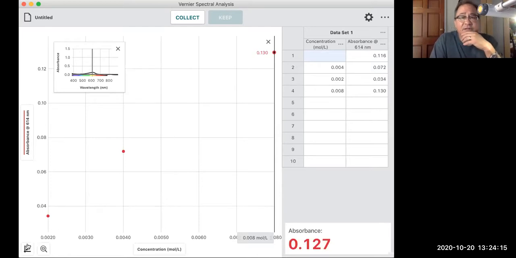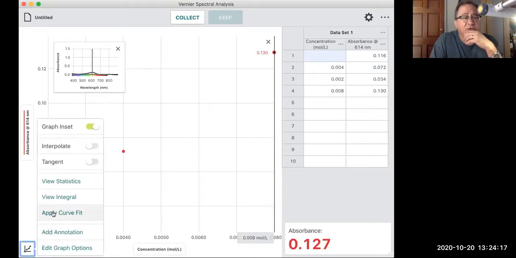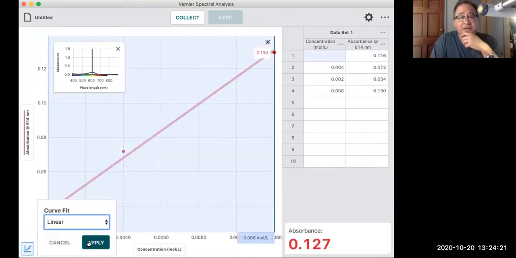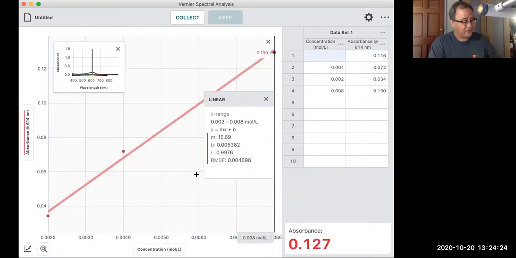And now what we're going to do here is we're going to apply a curve fit, and it's going to be linear, and so we're going to apply it. And so there's our curve fit. So when we write this information down, here's what we get. We get y is equal to mx plus b, and m is 15.69.